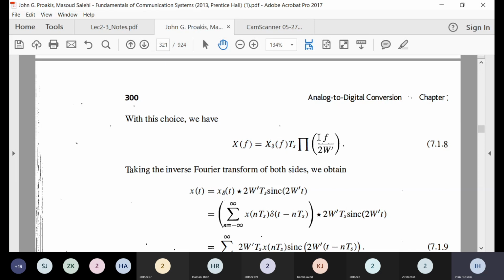So sinc of t will be rect of f, and then sinc of 2W dash t will be f over 2W, and this 2W will come also here. We have seen this many times. What is the time domain? When sinc of t is equal to rect of f, and you scale this, your sinc will be scaled by multiplication, because you are dividing here, so you will be multiplying with 2W here, as well as multiplying TS by 2W dash.